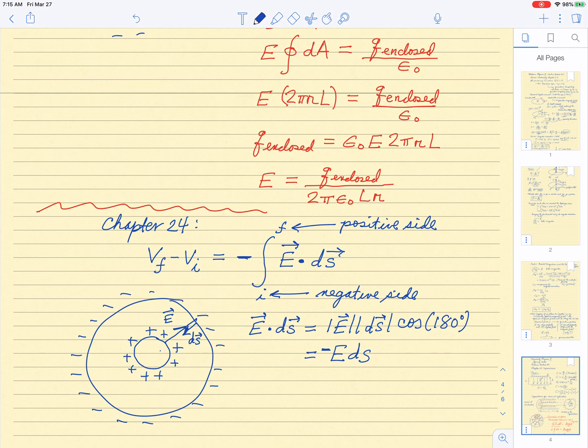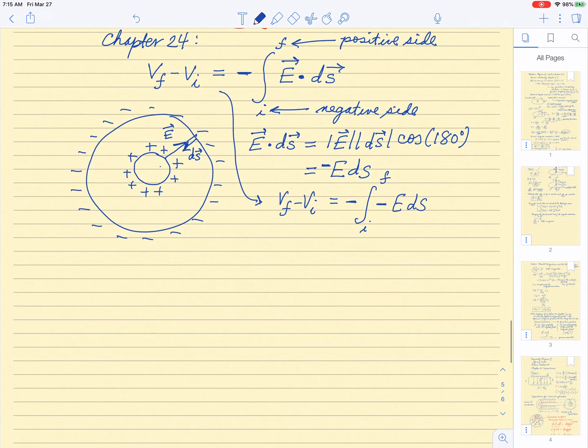So then what happens to that integral from up here then is that we get V final minus V initial is going to be negative, initial to final, negative E ds. And so then you get V final minus V initial is equal to then the integral positive, right, final to initial E dot ds.